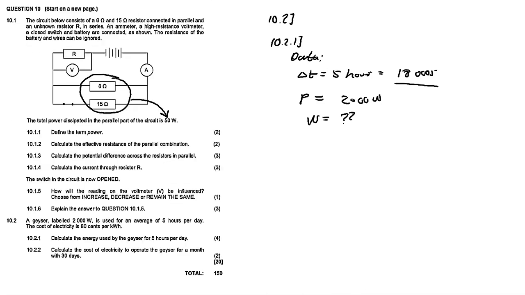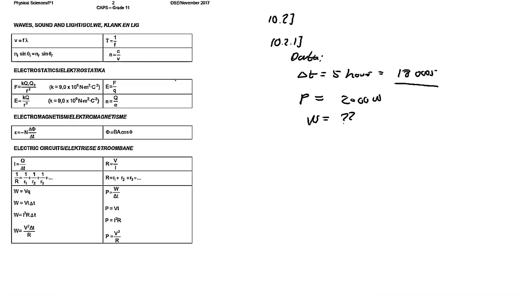Do I have a resistor now? Nah. Okay, W is equal to, this one. Work over time. So P is equal to W over delta T.